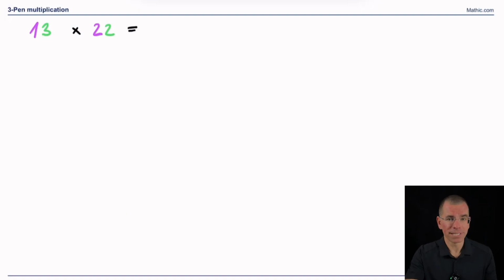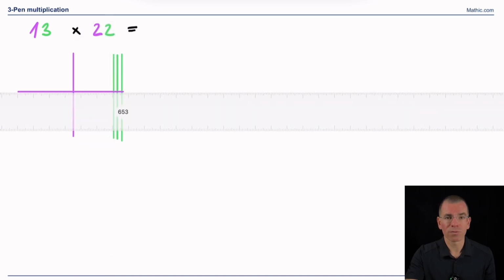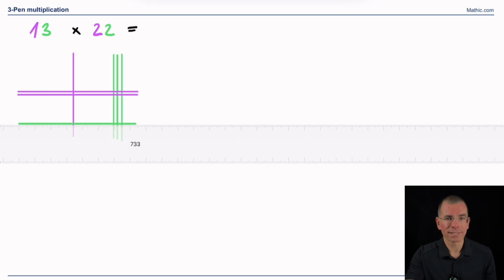Confusing? Let's try explain the method on the example of multiplication of 13 times 22. Number 13 consists of 1 ten and 3 ones. We will draw one line in pink and 3 lines in green, all of them vertically. Number 22 consists of 2 tens and 2 ones.